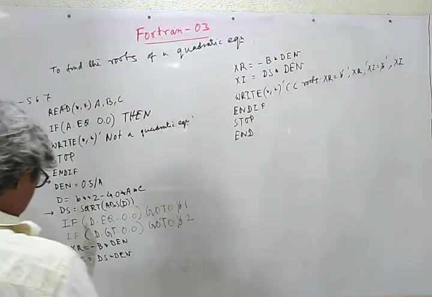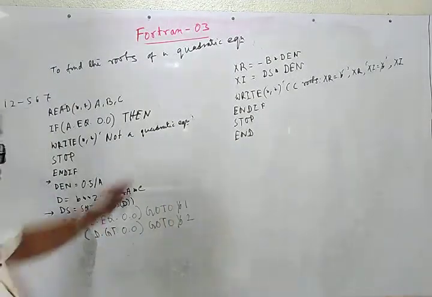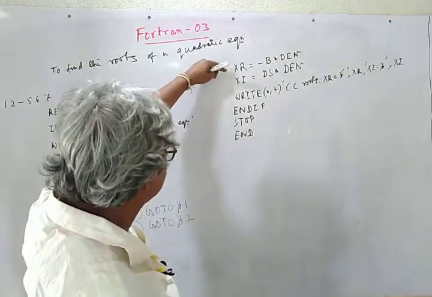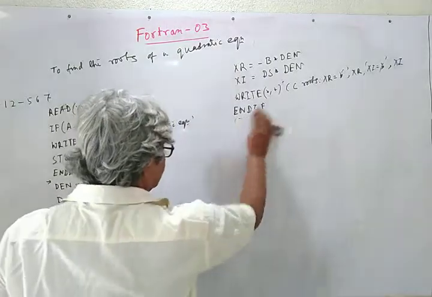After that the program goes there, and it writes this one, calculates xr, xi and writes.